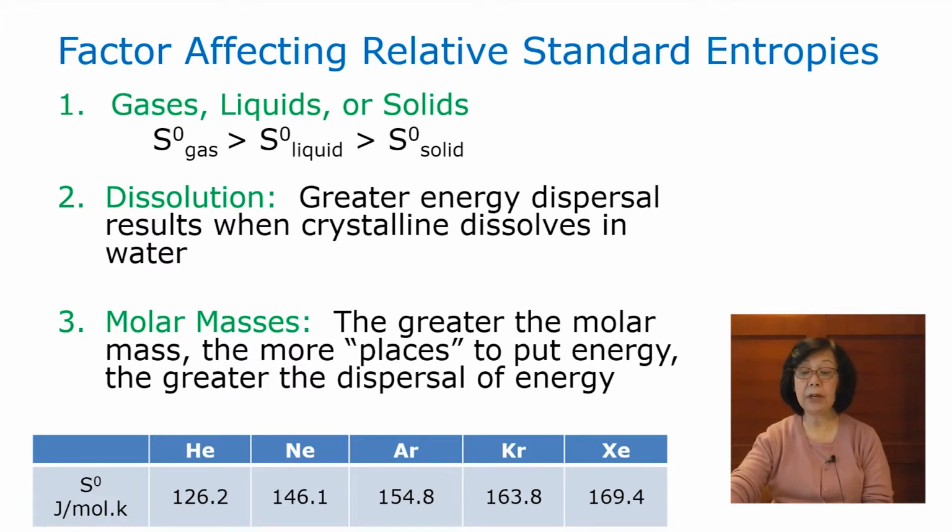If we have increasing molar mass, that means there are more places to put energy, and the greater is the dispersal of energy. If you look at helium, neon, argon, krypton, and xenon, the series of noble gases, we notice a trend of increasing entropy due to greater molar mass.